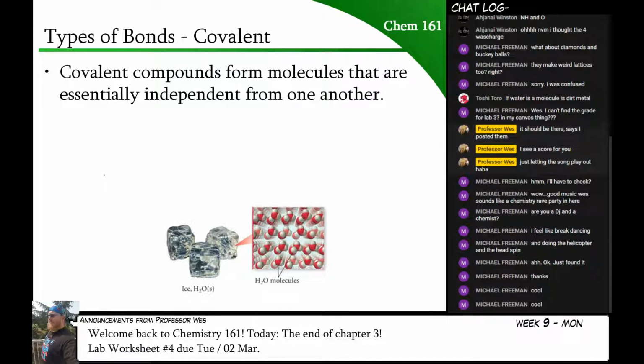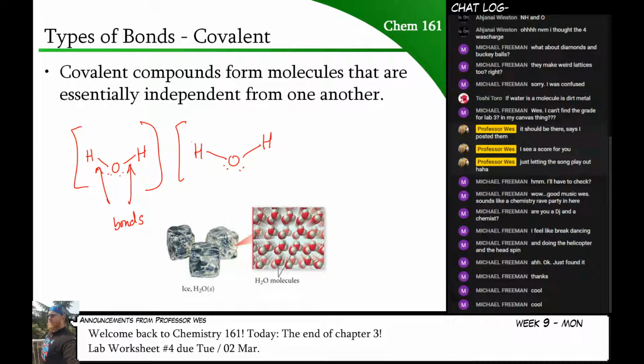Now, the end result for covalent compounds is that if I have a covalent compound like water here, and we'll talk about what all of this that I just drew means probably tomorrow. This water molecule is essentially independent from other water molecules. And the reason they're independent is because I don't have any bonds holding them together. So these lines right here, these are my bonds.